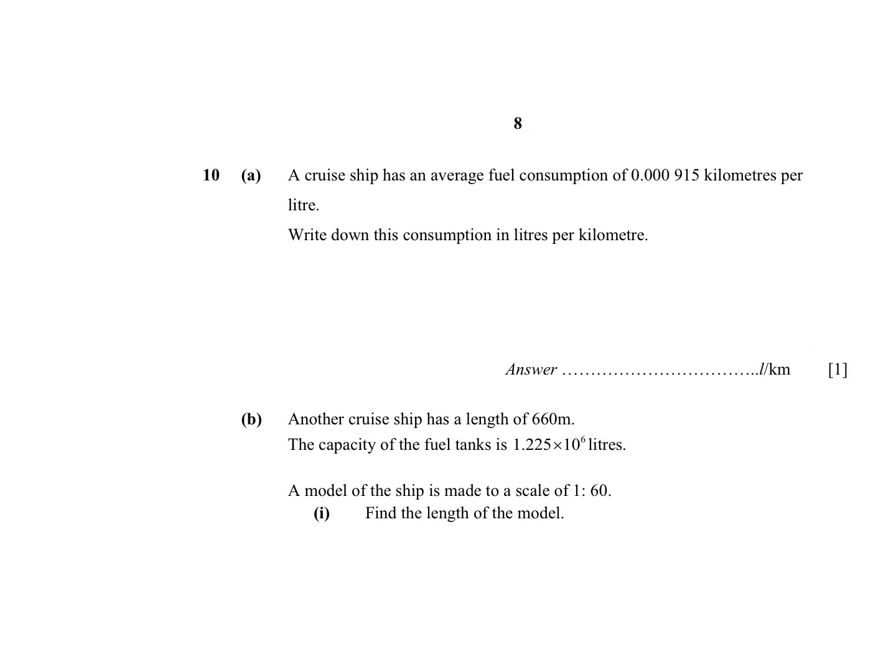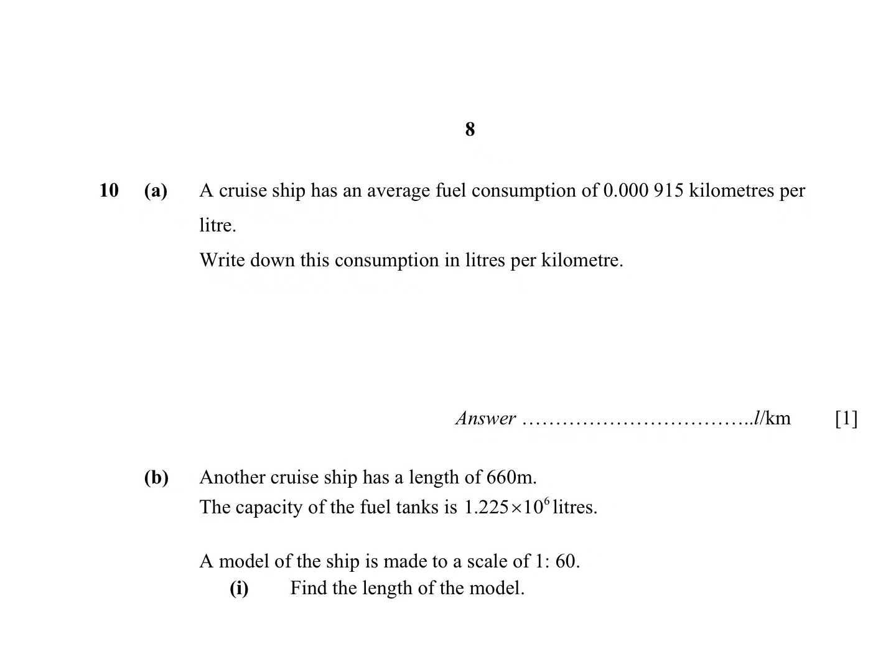Okay, next one. Cruise ship average consumption is 0.000915 kilometers per liter. So write this consumption in liters per kilometer. So they are trying to confuse you, right? But never mind, you just write down what they are trying to say first.